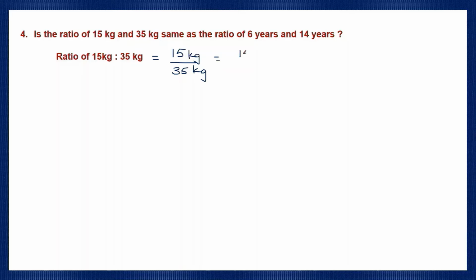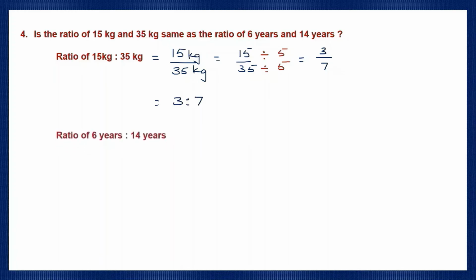So let me take this 15 by 35 as a fraction. And now we are going to reduce it to the lowest term by dividing both by 5. Divide both by 5. Now we get 5 3s are 15 and 5 7s are 35. So our ratio here is 3:7.